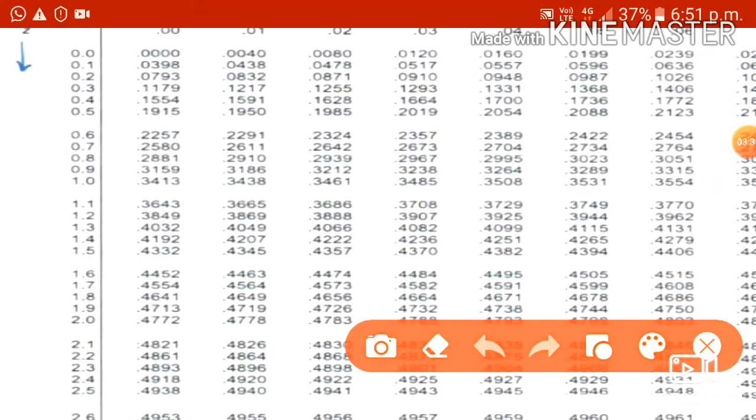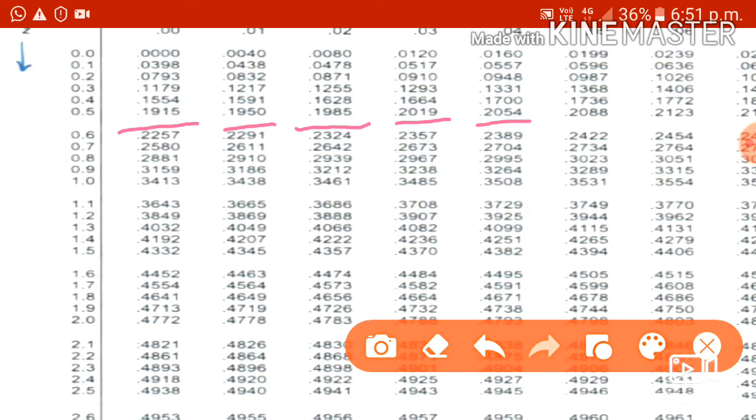How to use the table? Here, if we have to find 0.50, it is 0.1915. For 0.51, it is 0.1950, and similarly 0.52, 0.53, 0.54.